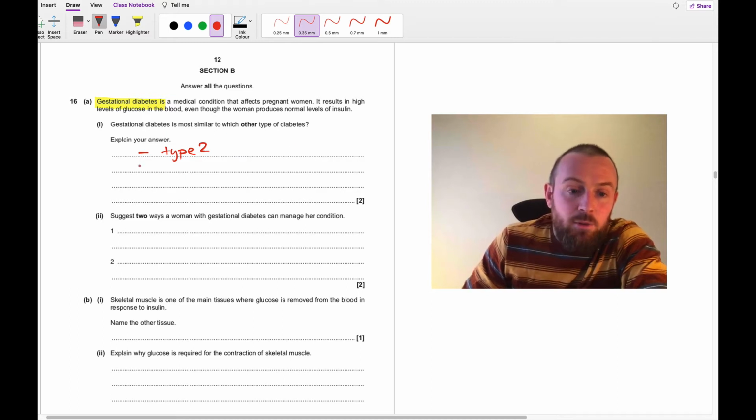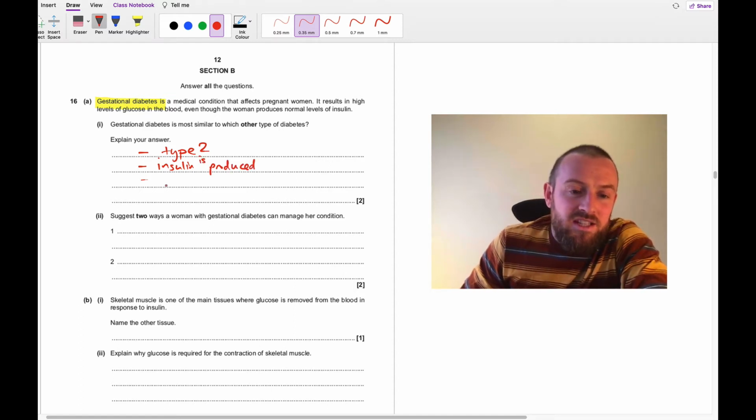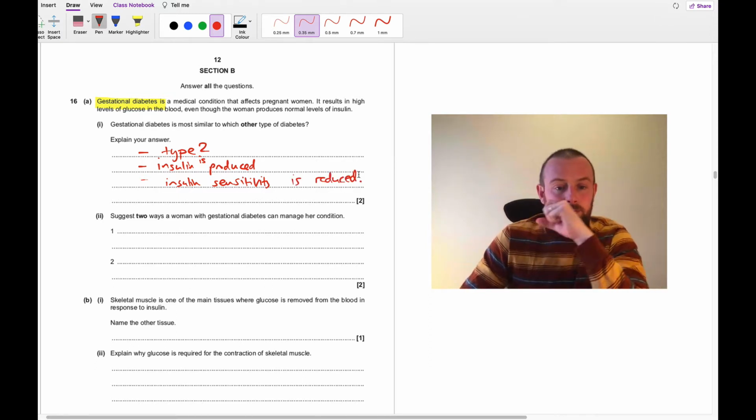because insulin is produced and potentially insulin sensitivity is reduced, I expect.